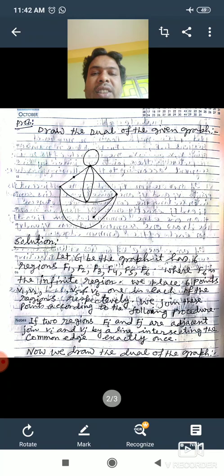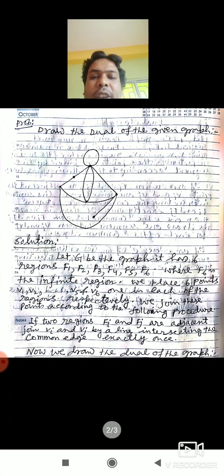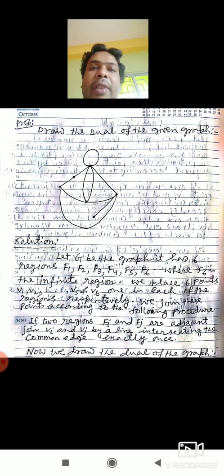We place 6 points v1, v2, ..., v6, one in each of the regions respectively. We join the points according to the following procedure. If two regions fi and fj are adjacent, join vi and vj by a line intersecting the common edges exactly once. Now we draw the dual of the given graph.